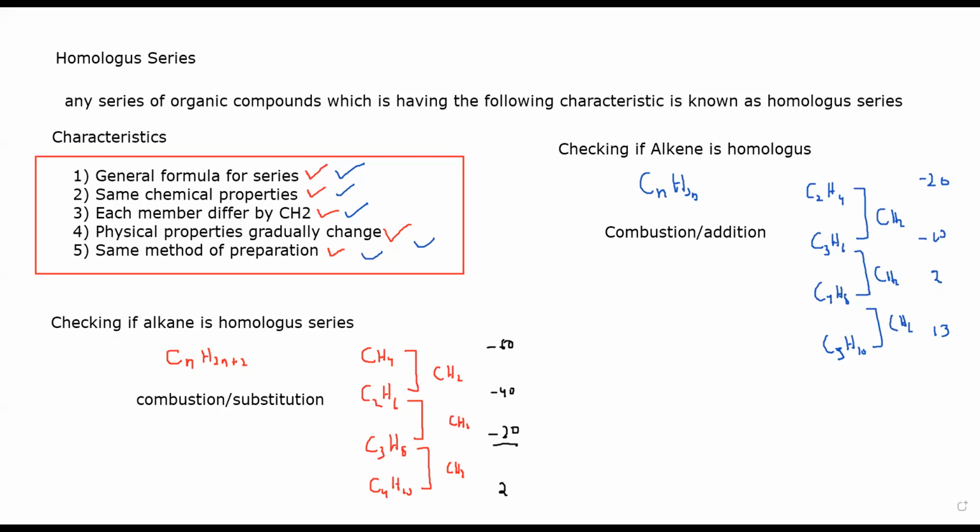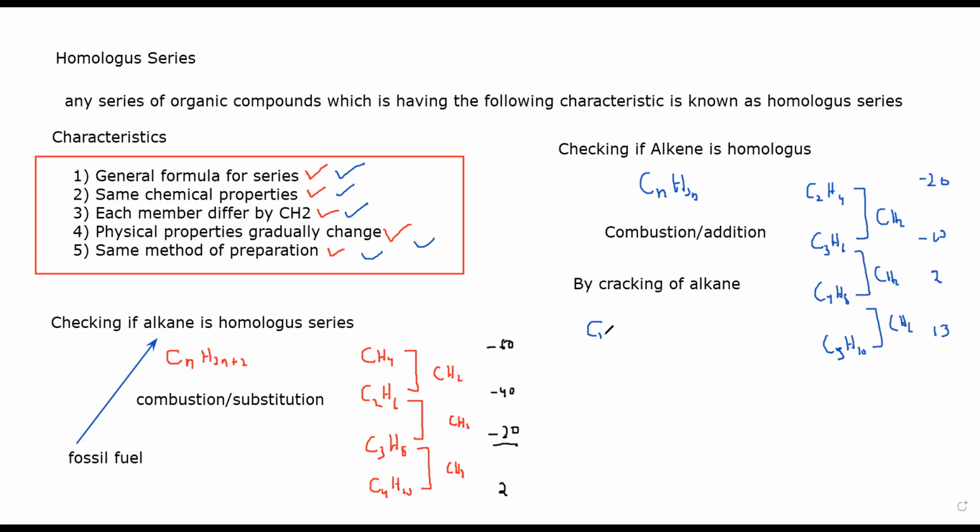The method of preparation, how they are formed. The fossil fuels result in the formation of alkane. And how do we form alkene? By cracking of alkanes. When long chain alkanes are there and we crack them, it will produce alkene.